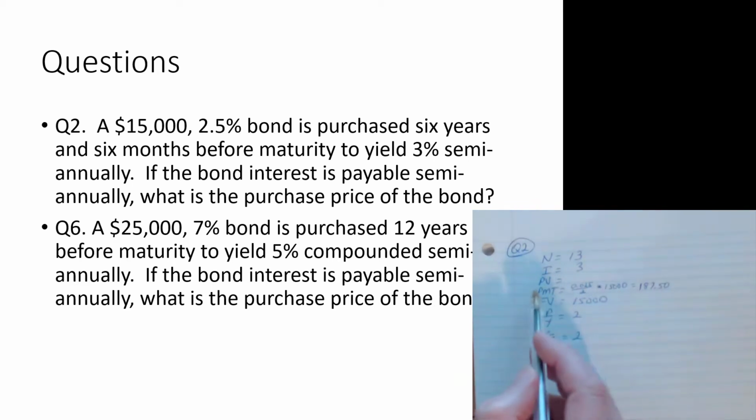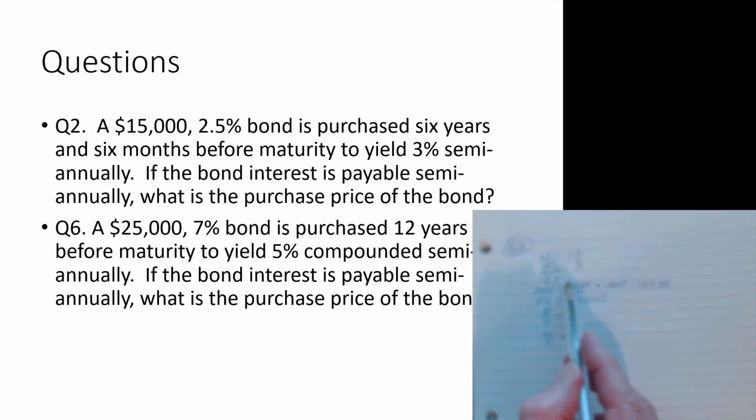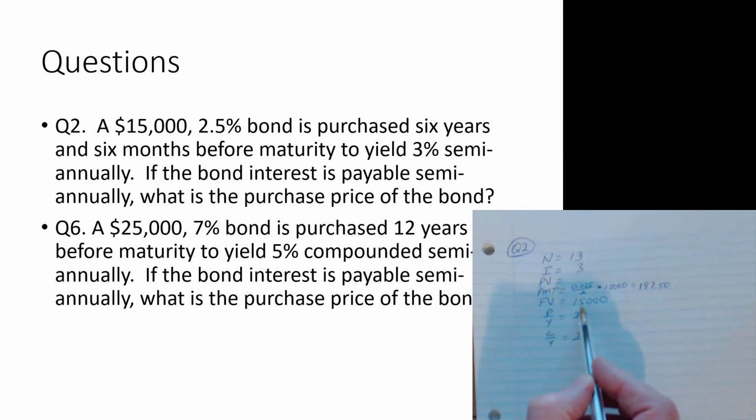Now, before we jump in and solve for present value, a little bit of intuition here. The bond rate is 2.5%. The market is paying 3%. Our bond is a little less desirable, so we are expecting that the purchase price will be less than the face value, less than $15,000.